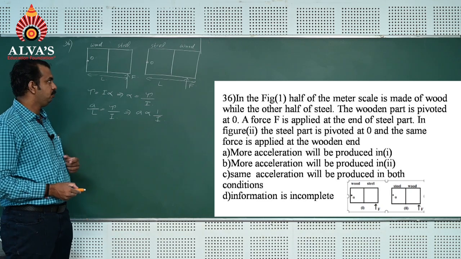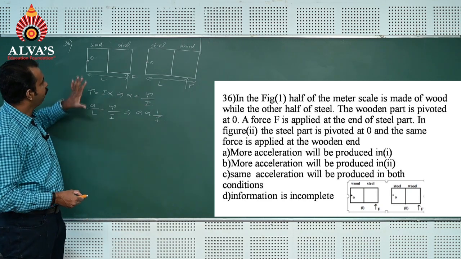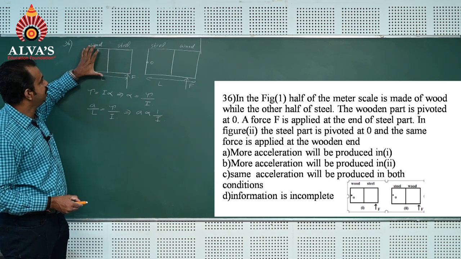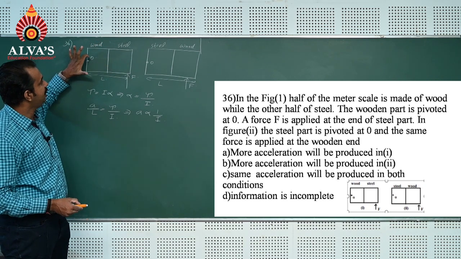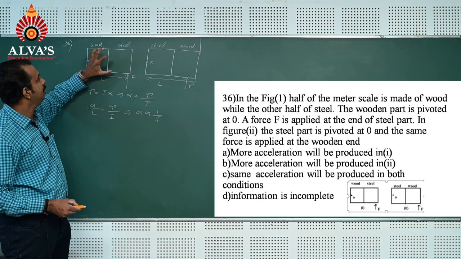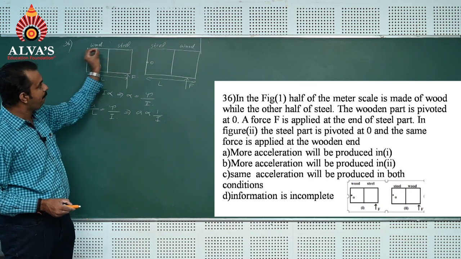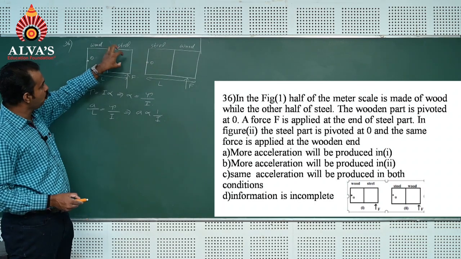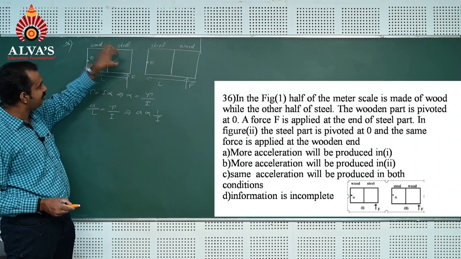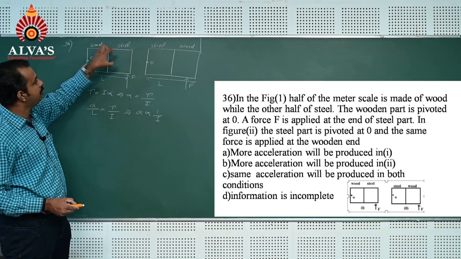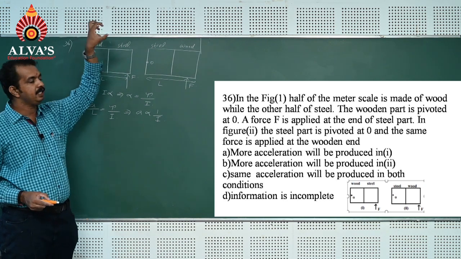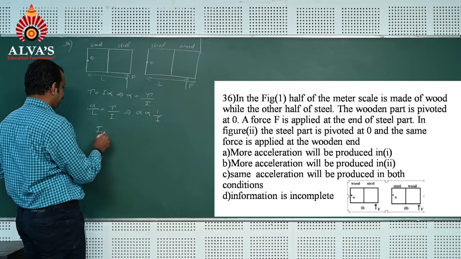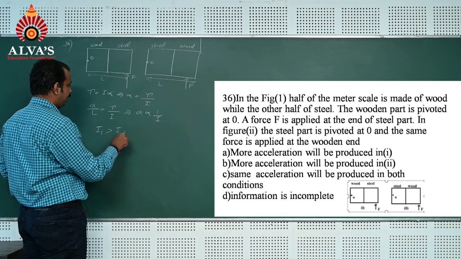If you look at this figure, the moment of inertia of this system is greater compared to this. Steel is denser than wood, so more mass is concentrated at the further end of the system. So the moment of inertia of this is greater than that of this. So I write I1 is greater than I2.